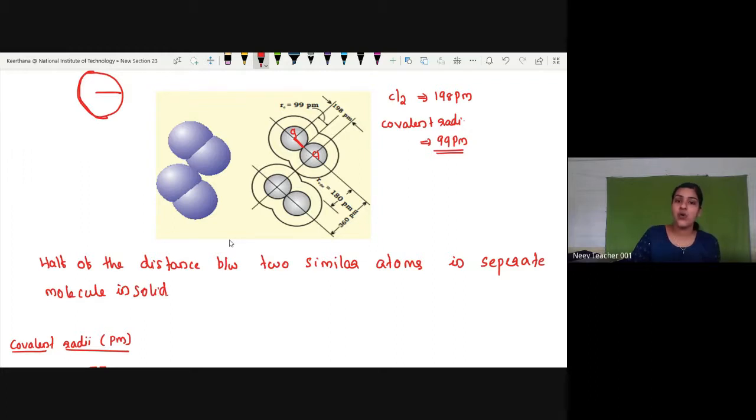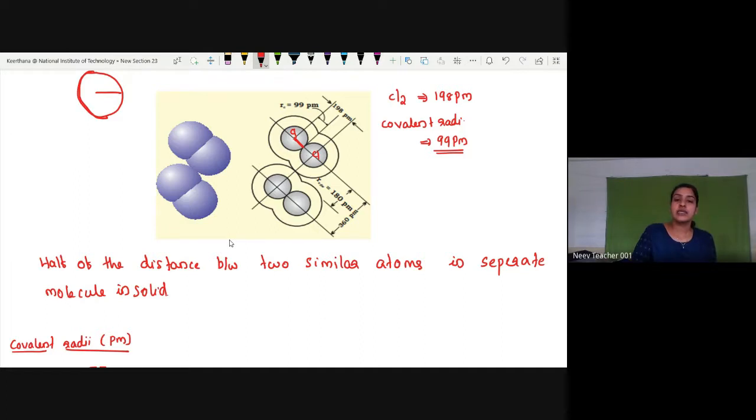Like there is no overlapping occurring. As we know, the van der Waals force is the force which occurs between two molecules and holds them together. Like Cl2, in the case of solid, these molecules are bonded together because of this van der Waals force.